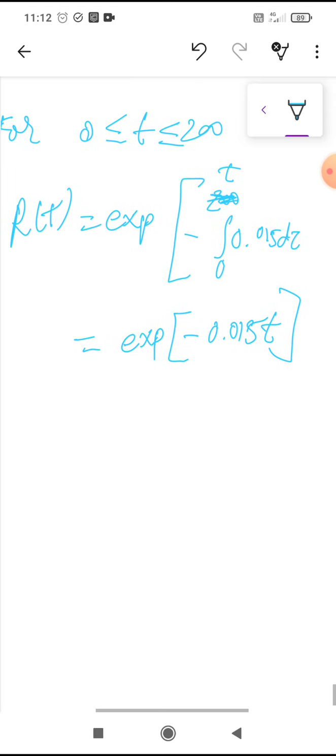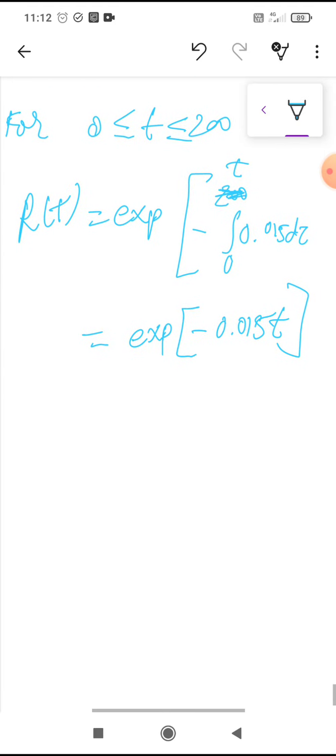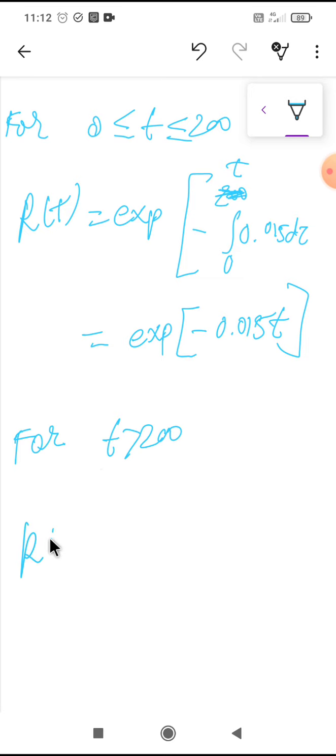As our question is not to solve but to express the reliability function as a component, we are not using the values here. Then for t greater than 200, what will be the reliability function?